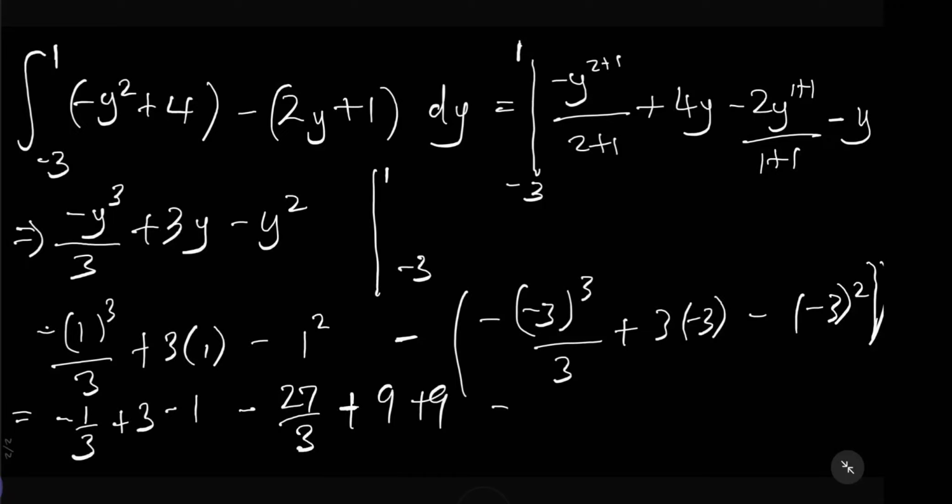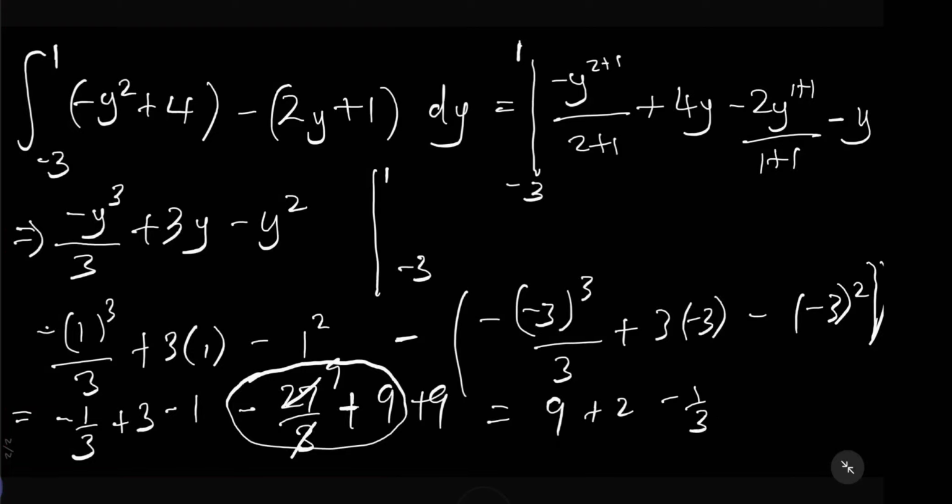So what would this give us? You have 9 plus 9, 18. 27 divided by 3, that's 9. Okay, minus 9, this goes. So now I have 9, this minus this, these two are out. So you have 3 minus 1, that's 2, plus 2 minus 1 over 3.